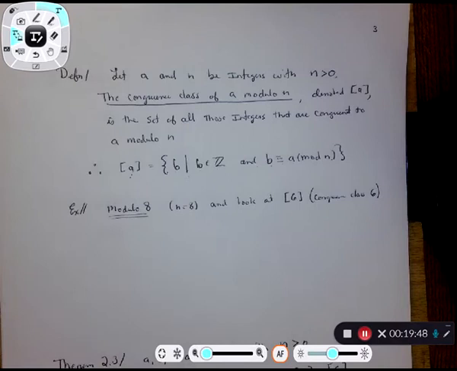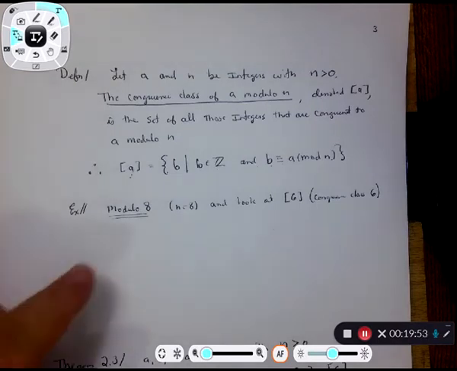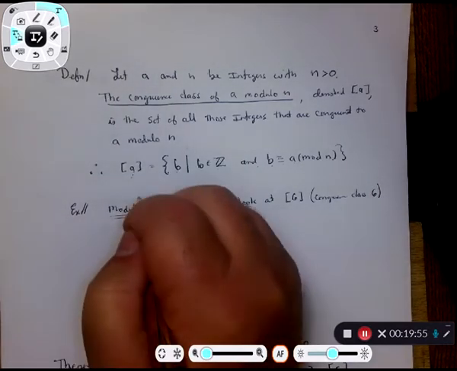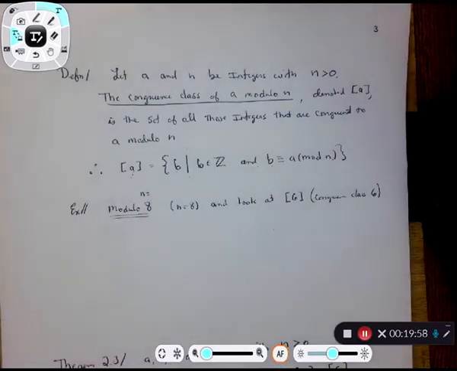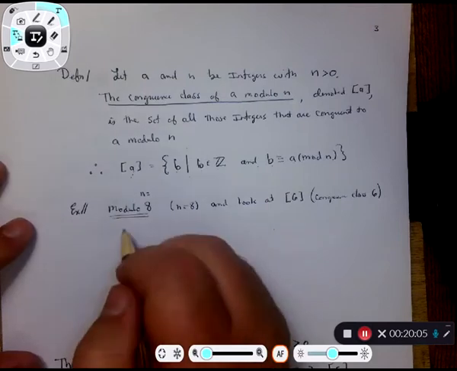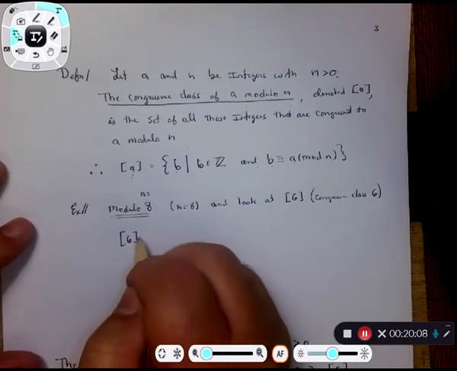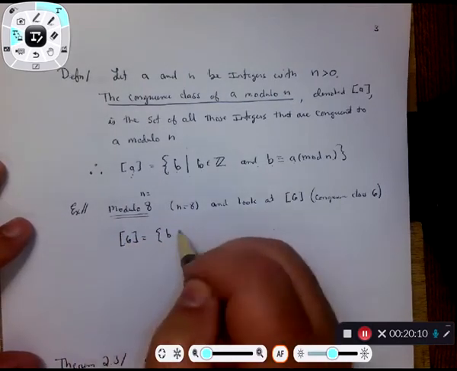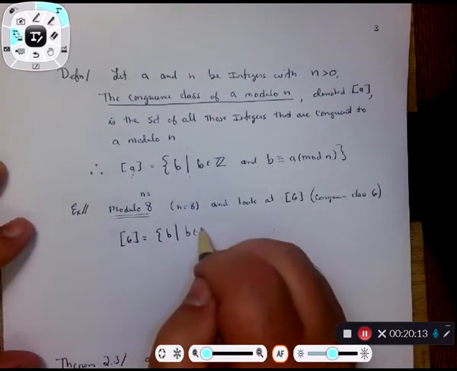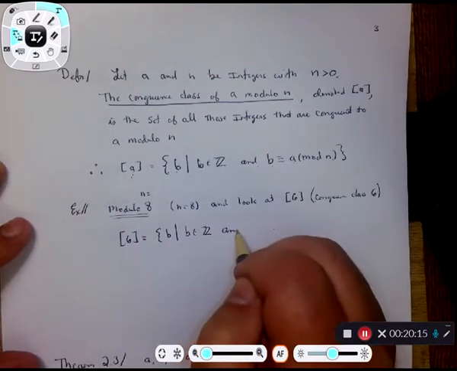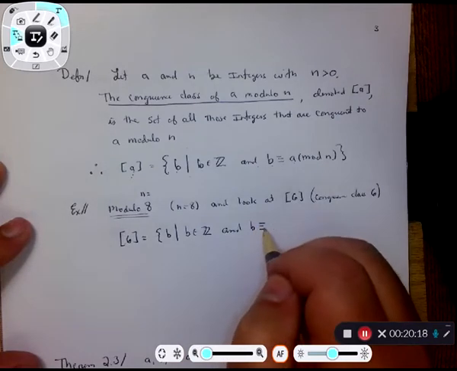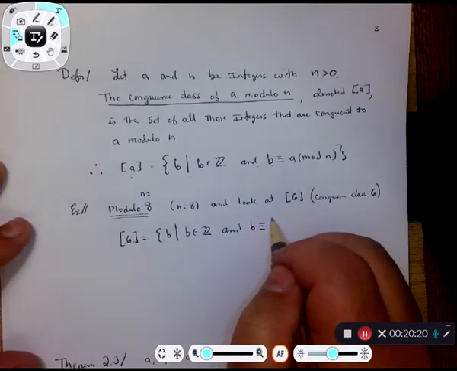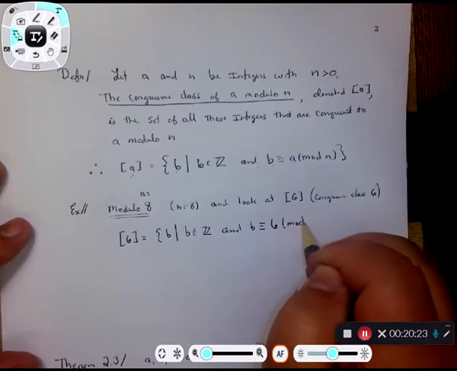So, as an example here, I'm going to look at mod 8. So modulo 8, N is equal to 8 here. Look at the equivalence class 6. Who's in the equivalence class 6? So my little notation here, equivalence class 6 is equal to all the B's such that B is an integer and B is congruent to A, which is 6, mod N, which is 8.